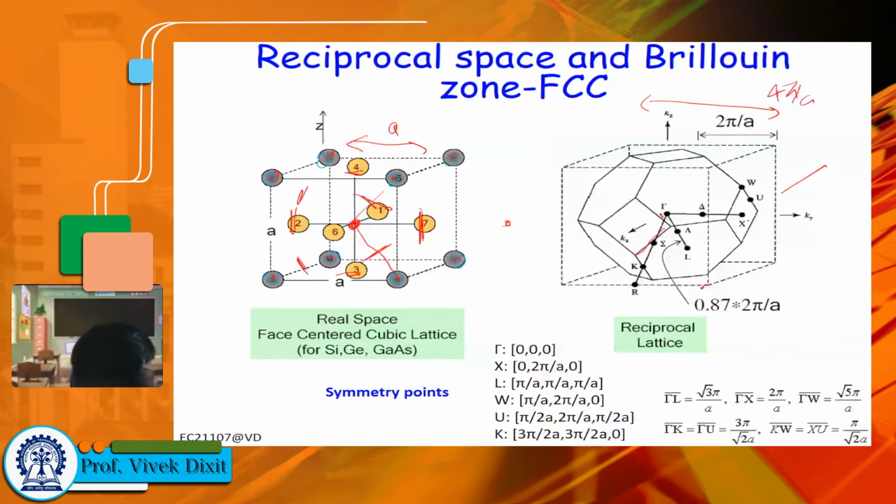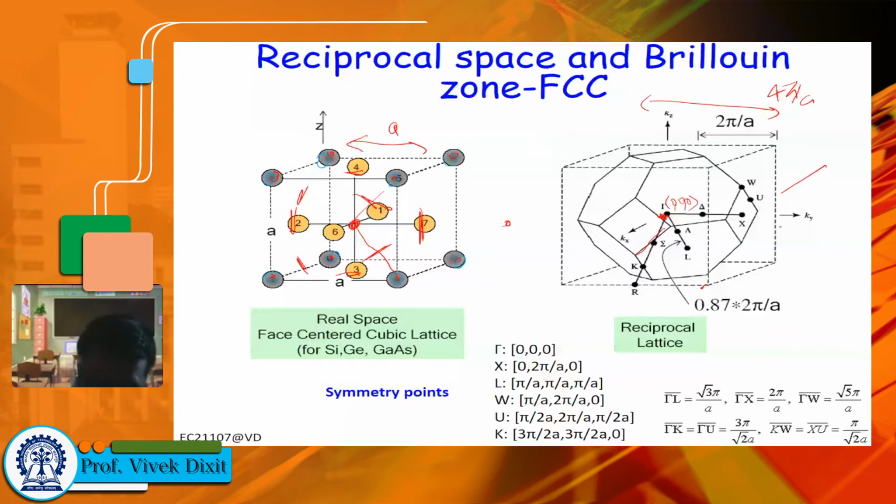So for the X vector, this is called gamma, right? Gamma is basically the center lattice point, or it's called 0, 0, 0. So 0, 0, 0 k vector, right?